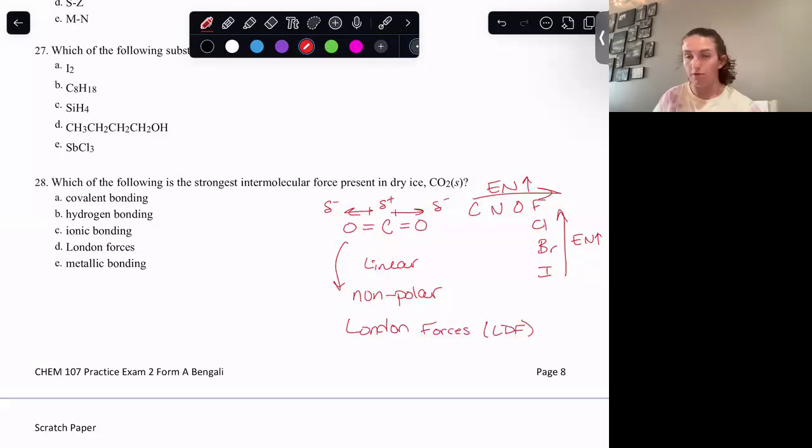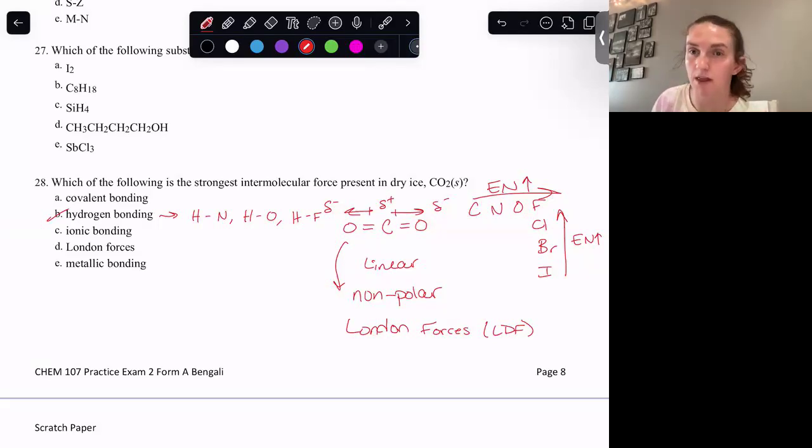So, we look at our answers. We don't have any hydrogen bonding, because in order to have hydrogen bonding, we have to have H attached to a nitrogen, H attached to an oxygen, or H attached to a fluorine. So we can't have hydrogen bonding. It's not ionic bonding because we don't have full charges.